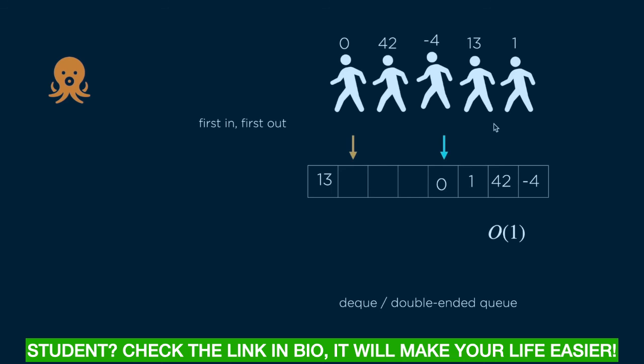And one way to implement this is similar to the implementation of the queue that we saw. So you can use a circular array still and have the same kind of structure. But in this new structure, we're able to remove data from either end and add data to either end too.